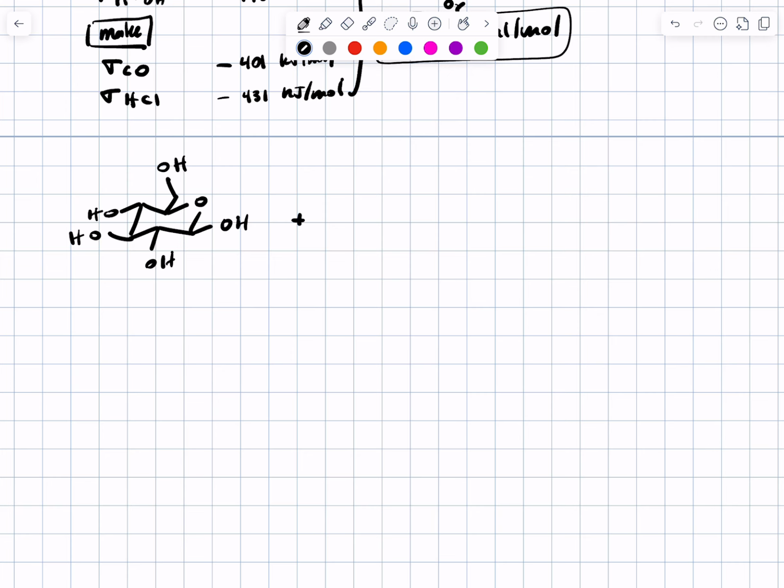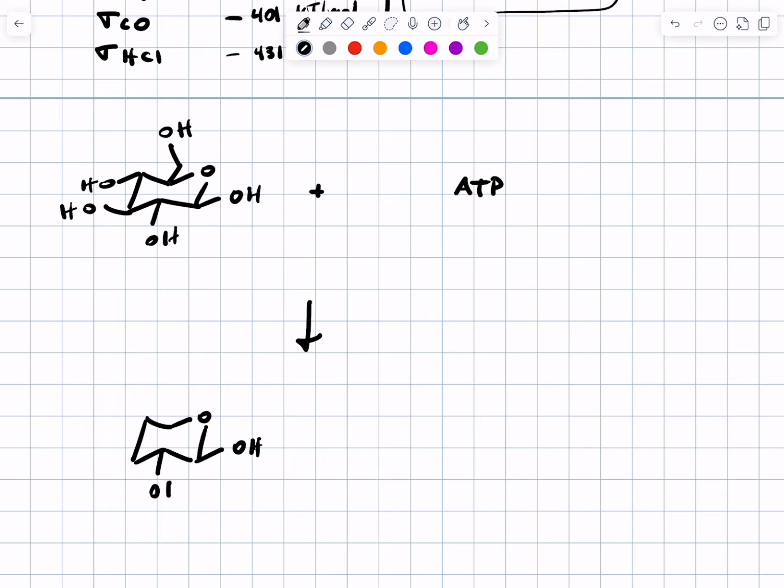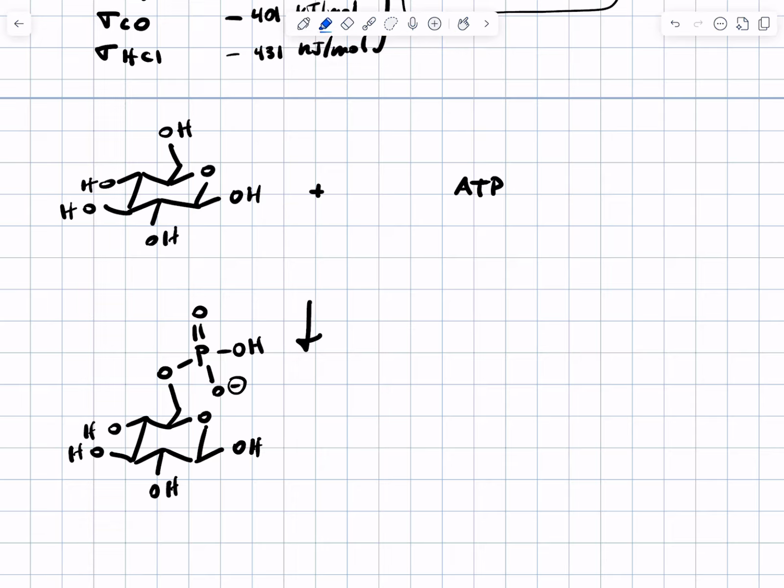One of the first steps in metabolism is for glucose to react with ATP to give you the following, in which the C6 hydroxyl of glucose now has a phospho group on it. So that's one thing that changes in the reaction.